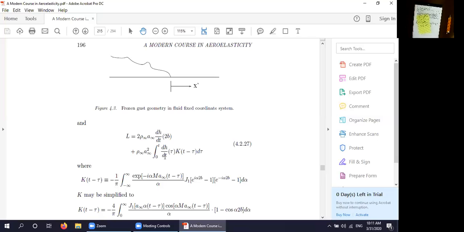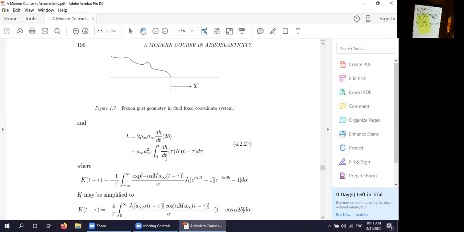So the answer to your question in practical computational terms is both, because we've effectively set the equivalent alpha equal to 1 by setting dHdt over U infinity equal to 1. Does that help? Yeah, it does. Thank you very much.